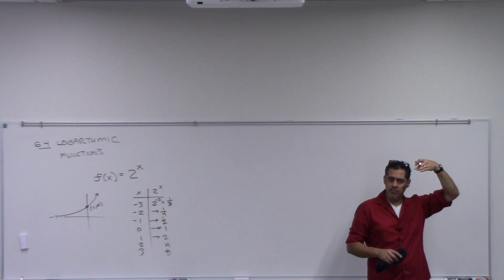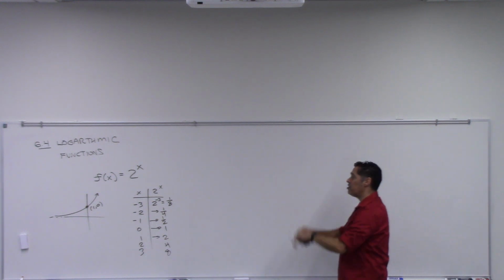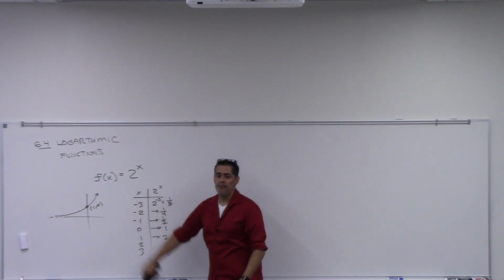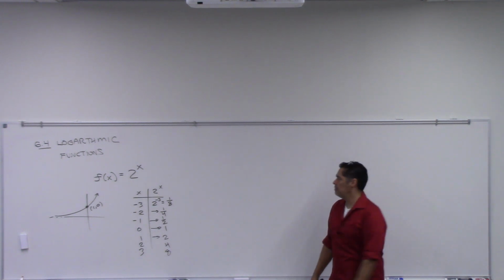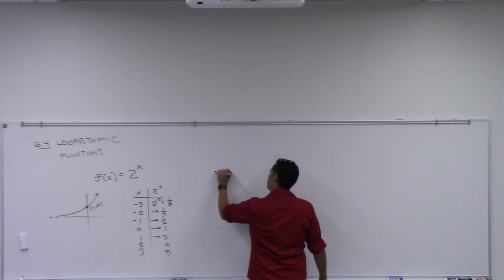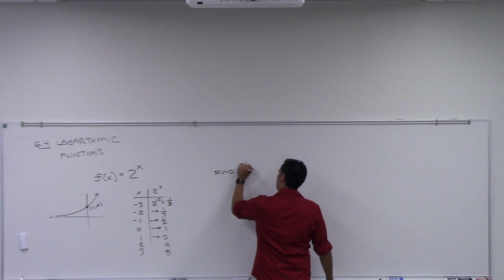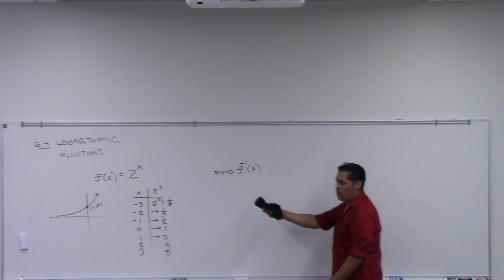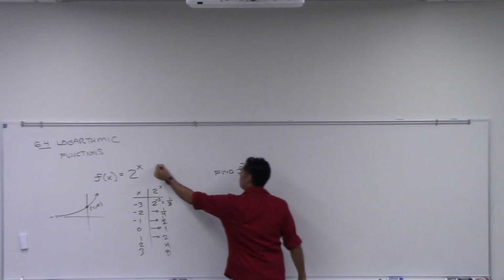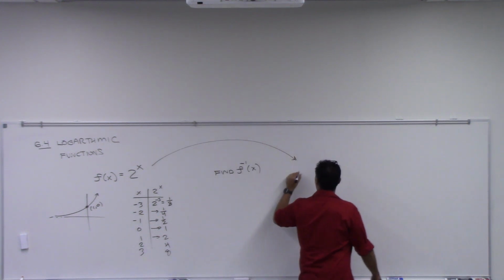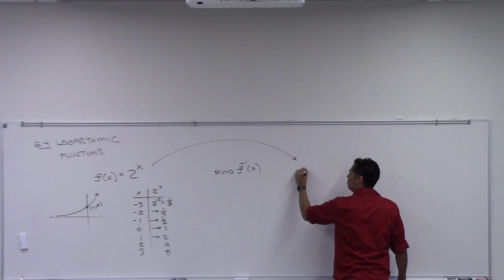Okay, so now the question is, since this is 1-to-1, what is its inverse? Find the inverse. We know it exists because it's 1-to-1. So let's go through the steps. First, replace the f of x with y.